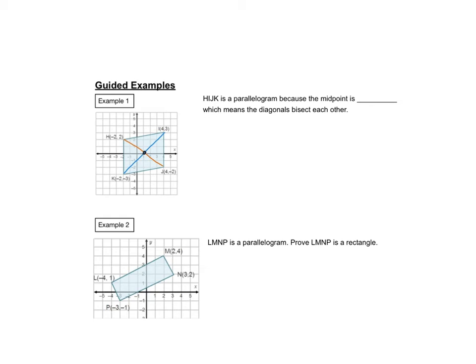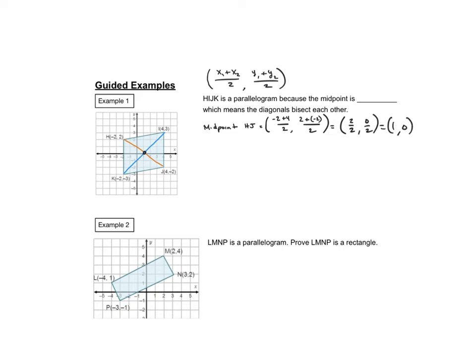We will do that by using the midpoint formula and the points of those. As we calculate the midpoint of HJ, we are using x1 plus x2 divided by 2, y1 plus y2 divided by 2. It turns out that we are going to have 2 over 2 and 0 over 2, or should I say x is going to be 1, y is going to be 0.